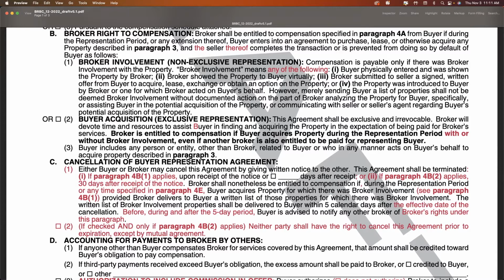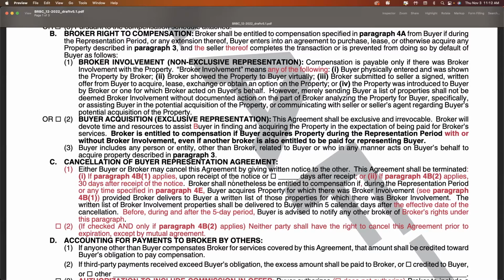And what it does allow you to do is, in that cancellation, I can give the buyer a list of properties. So if you see here, it says cancellation of the buyer representation agreement. Either buyer or broker may cancel this agreement by giving written notice to the other.